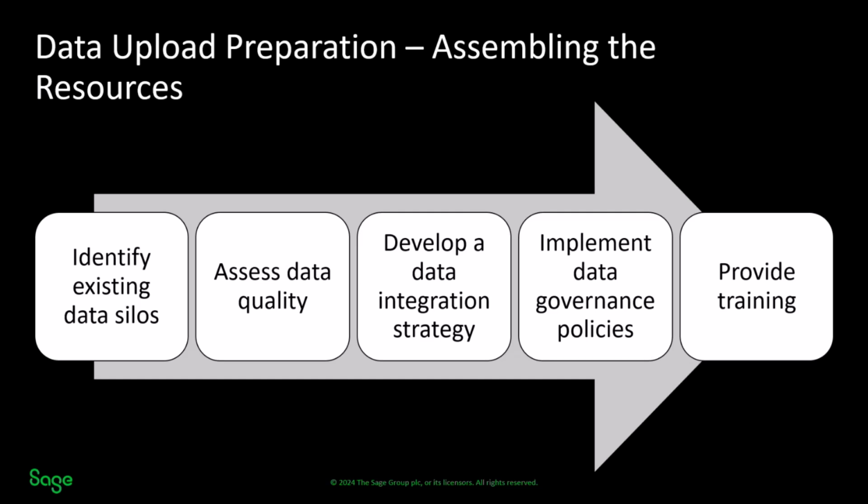Now, for data upload preparation, thinking about the resources that we need, we've started to think about the data silos, but it does require us to conduct a thorough audit to pinpoint where all of the potential customer data resides within an organization. We need to think about the quality of each of the data sources that we want to use.